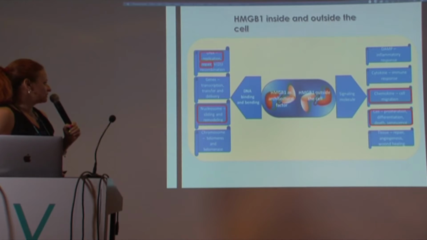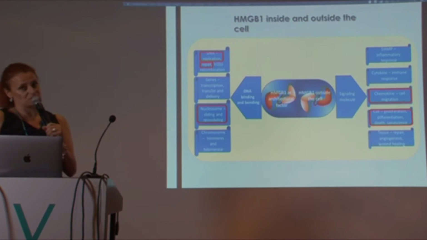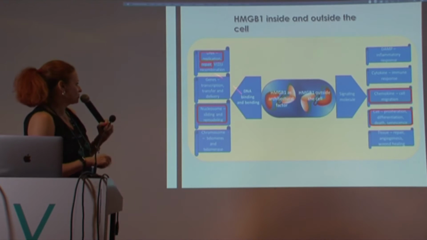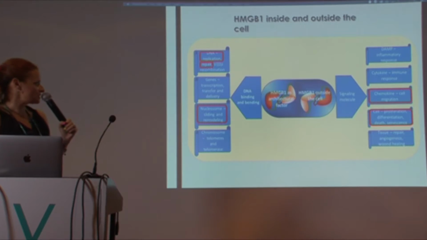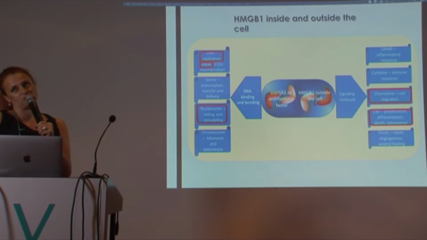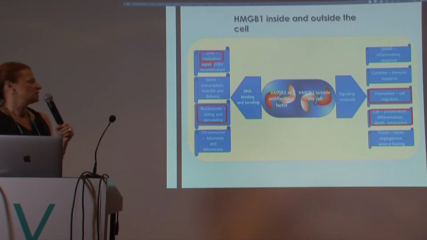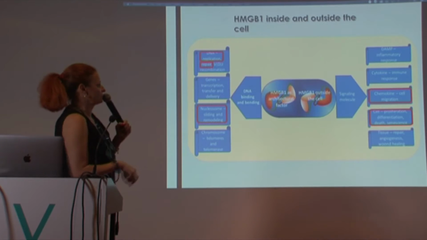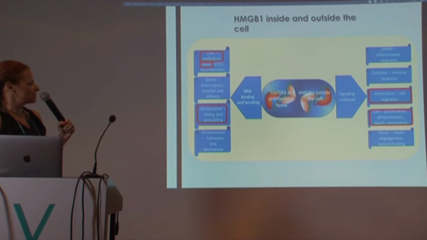Okay, in the beginning, after the discovery of HMGB1, all the scientists who were studying HMGB1 were concentrated on the role of HMGB1 in the nucleus. Nowadays, since it was discovered that HMGB1 could act as a signal molecule in certain circumstances, almost all the scientists who are dealing with HMGB1 are concentrated on this part of the functions of the protein.